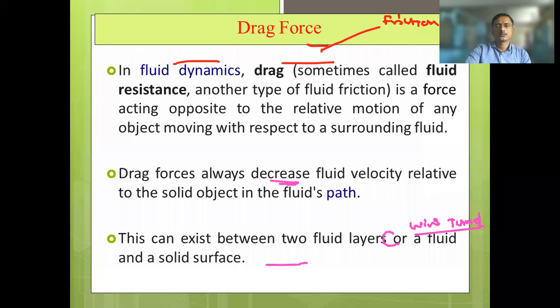Next, write down there. In fluid dynamics, drag is a force.